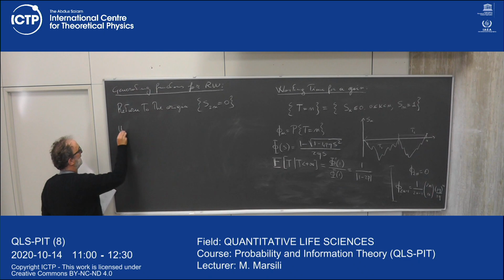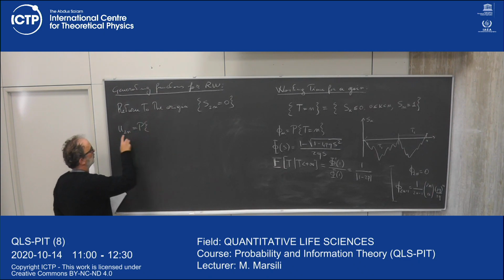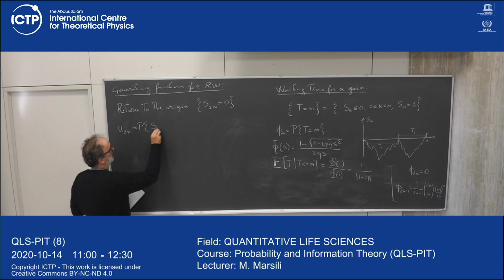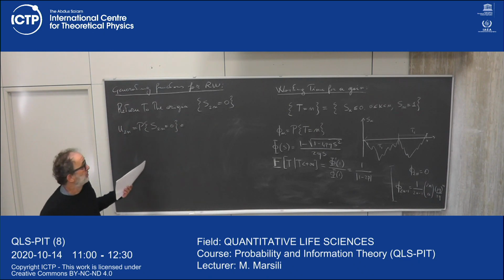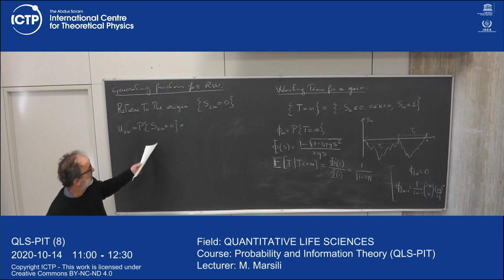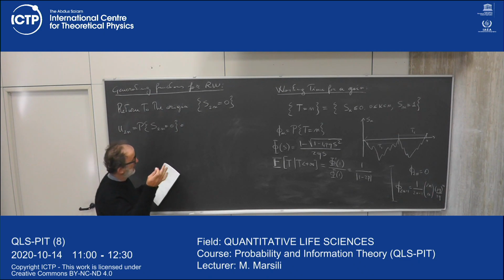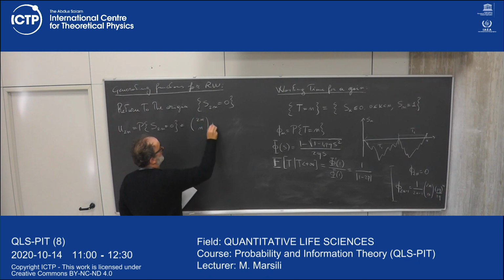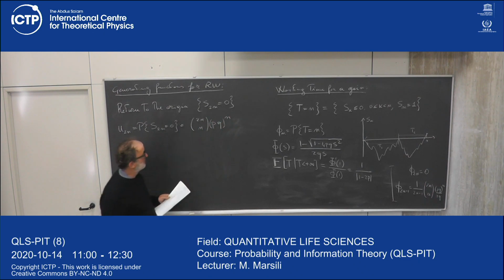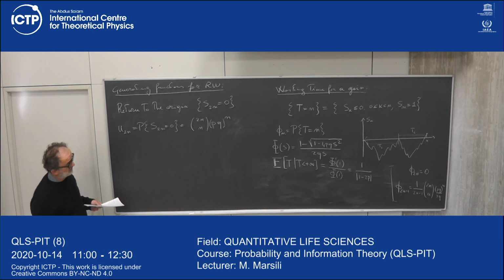What is the probability of this event that we called U2n? It's just given by the binomial distribution. So in S2n you should have n steps up and n steps down. So this is just 2n choose n, times p times q to the power n.